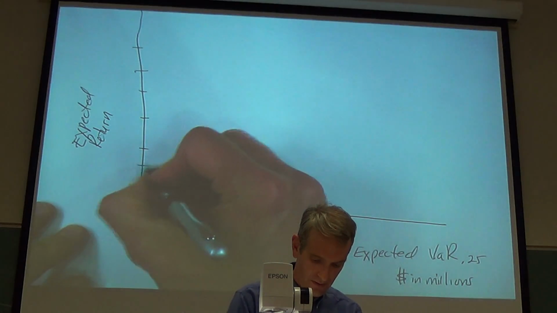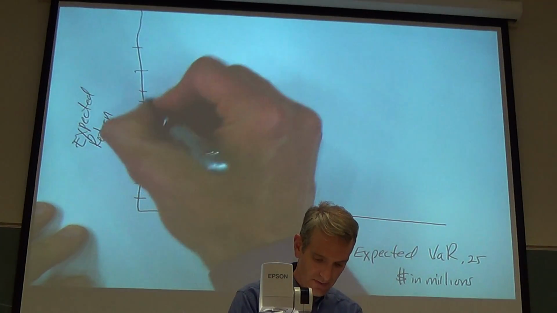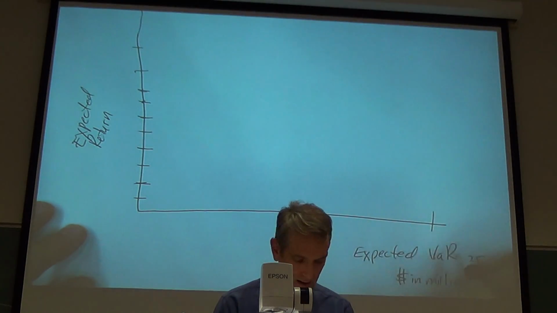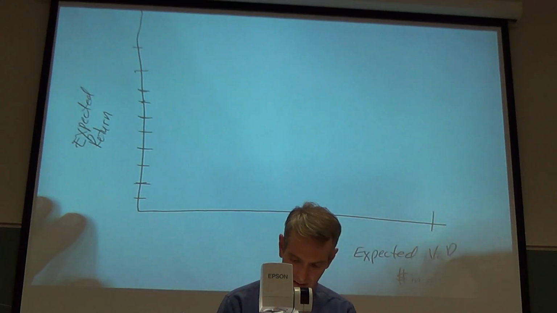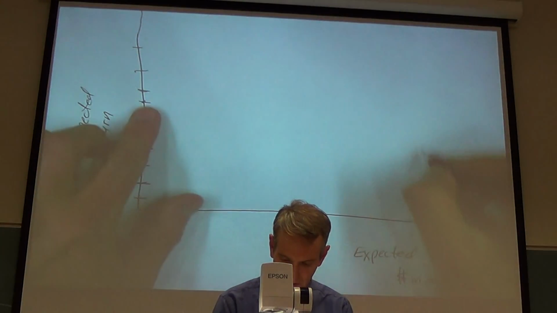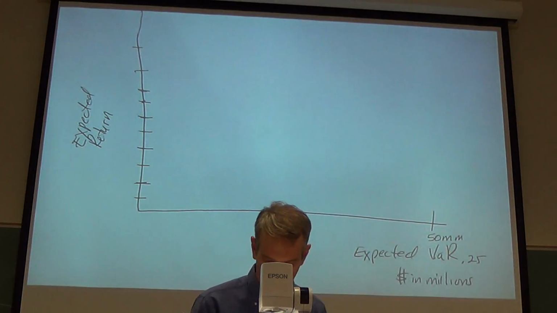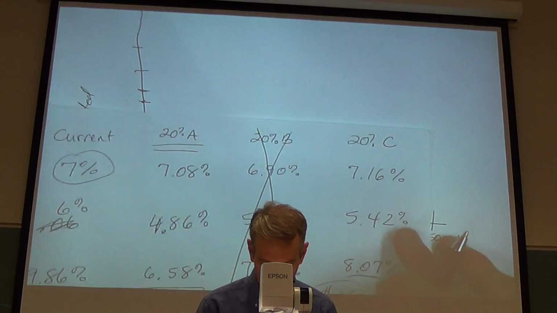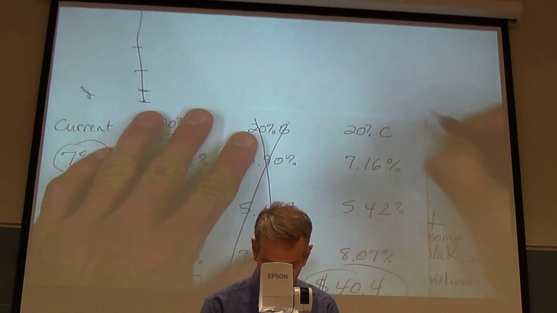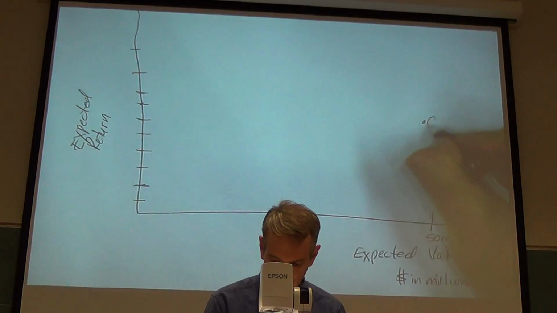One, 2, 3, 4, 5, 6, 7. So 7% expected return. And let's say there's a VaR of 50 million, slightly below 50 million, and right at 7%. There's our current.